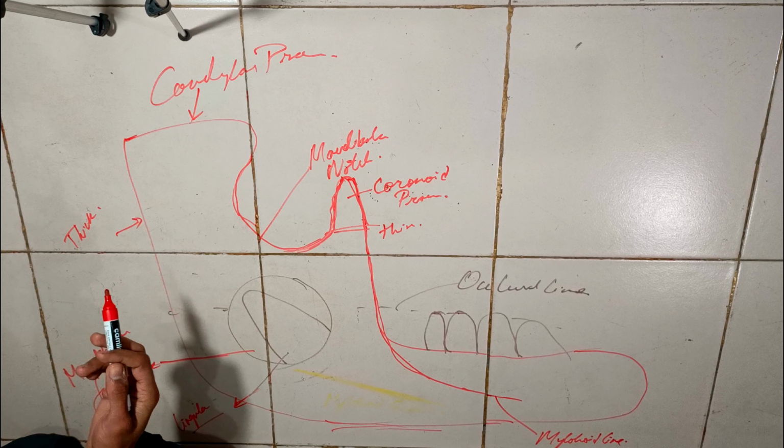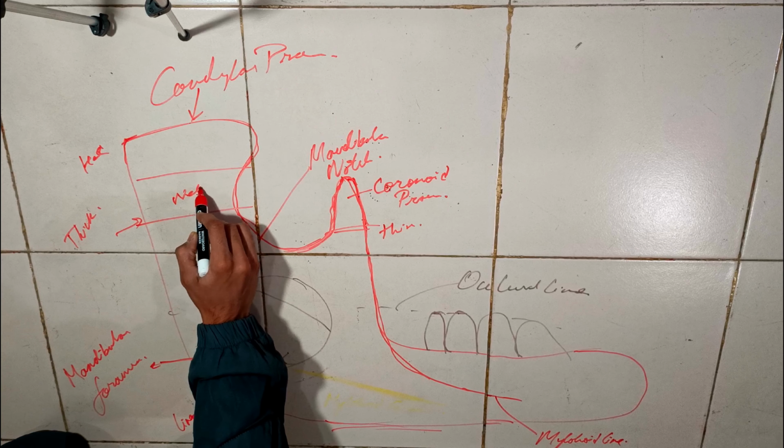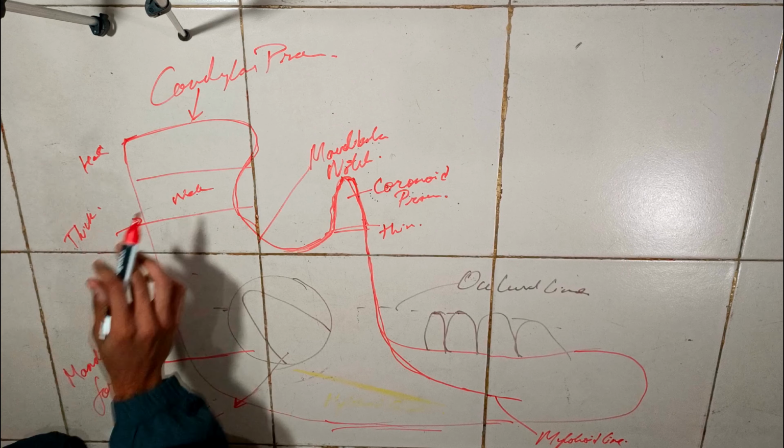Its upper end is expanded from side to side. So from side to side, this is wider than this region. This is called the head, and this is called the neck of the condylar process. So this is widened or expanded from side to side.